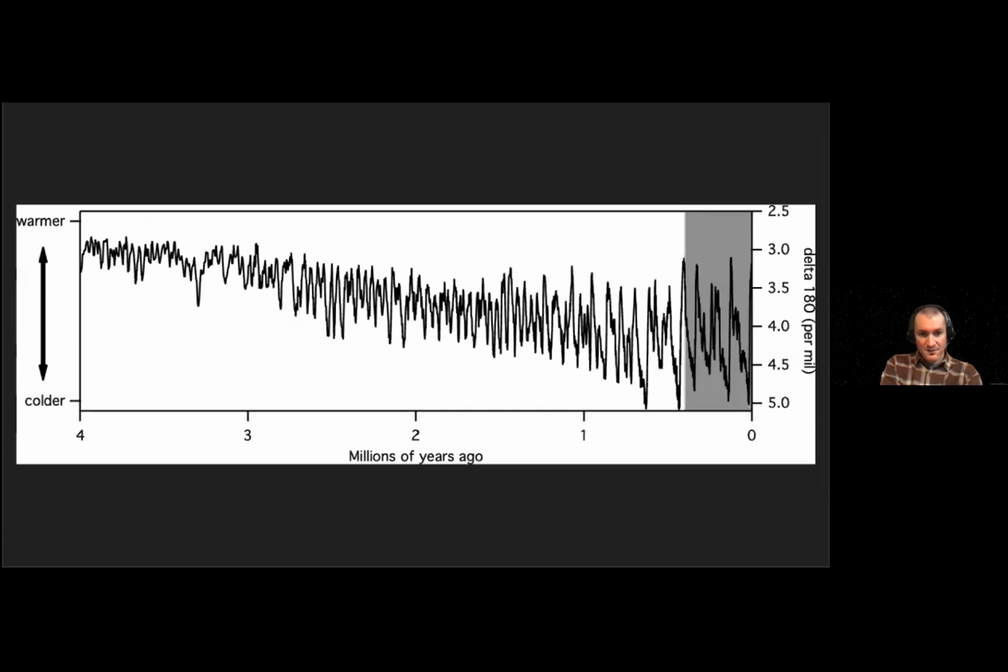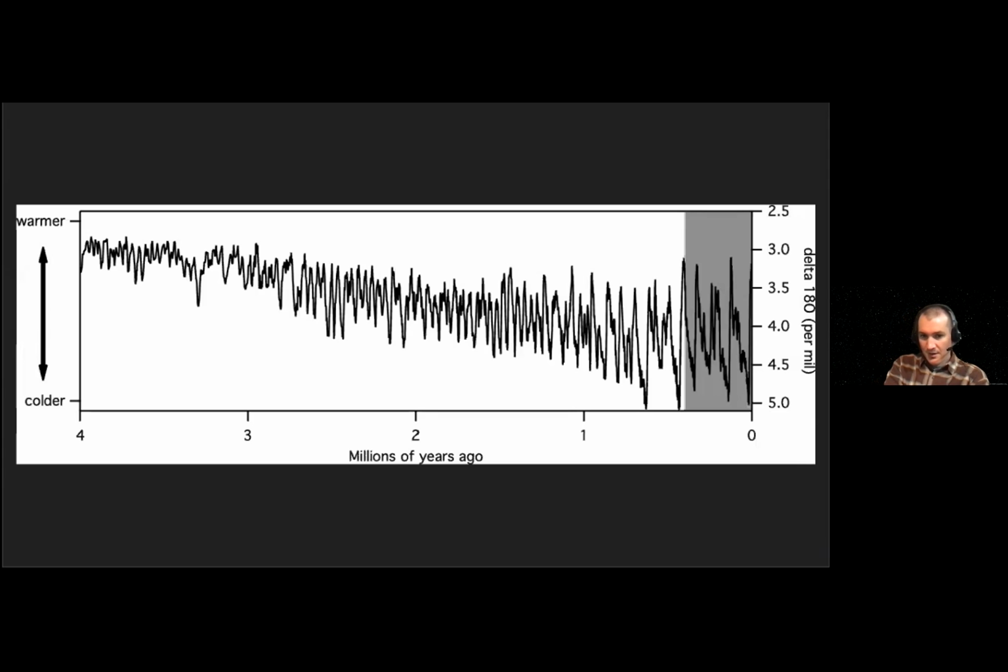Okay, so let's take a look at the last 4 million years. We can now start to see more variability in temperature over this time period. See the variability increasing as we approach the present day. The approximate time between each peak and bottom of each one of these squiggles was historically around 41,000 years. And then in the last several of these cycles, it's been closer to 100,000 or so years.